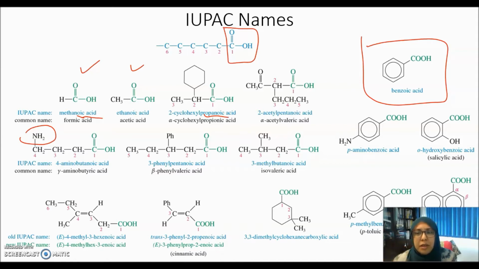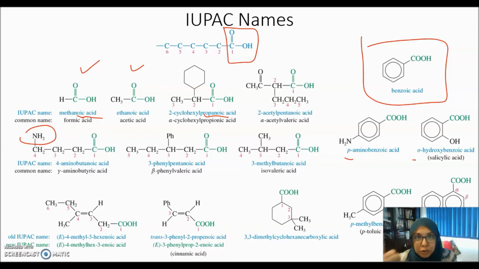For example, you write para and ortho. We have seen it in the topic of alcohol, for example in phenol, and in the topic of aldehyde, I think it's benzaldehyde. They all contain a benzene ring.